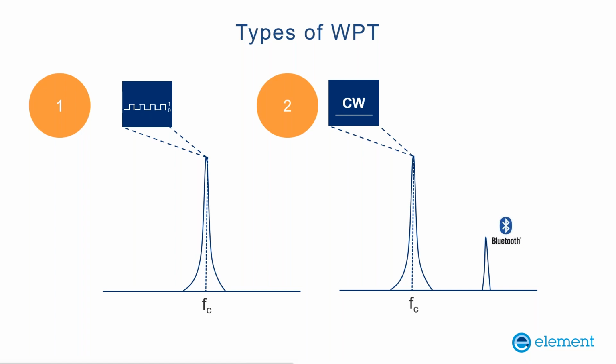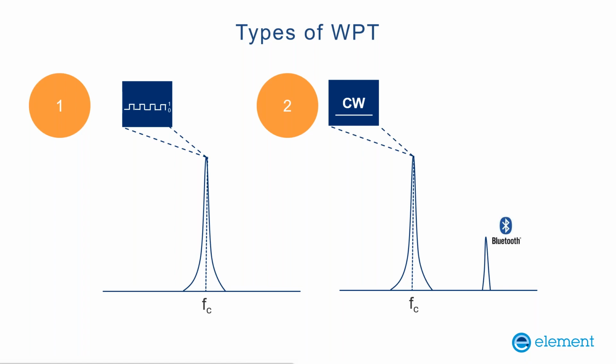The example I've got on the screen here is Bluetooth at 2.4 gig. It could be any other proprietary type of communication mechanism, but I really wanted to identify and get in your mind the two different types of WPT.